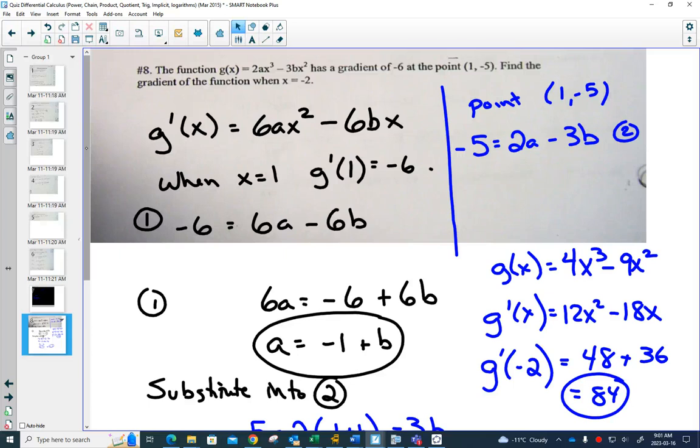Remember that from grade 9 in perpendicular slope. So you take the slope. If the slope of a tangent was 1/3, the slope of the normal would be -3/1. If the slope of the tangent was 4/5, the normal would be -5/4. But I don't have any normal questions on your test.